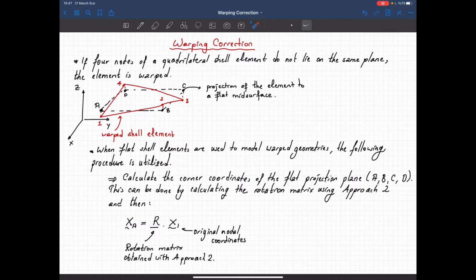Now by multiplying the xyz coordinate of point 1 with the rotation matrix, I'm actually calculating the coordinates of point A, and if I repeat the same procedure for A, B, C, and D, I will be defining a flat surface, right, flat plane, and the coordinate axis of the flat plane will exactly be the same as the midpoint of the warped element.